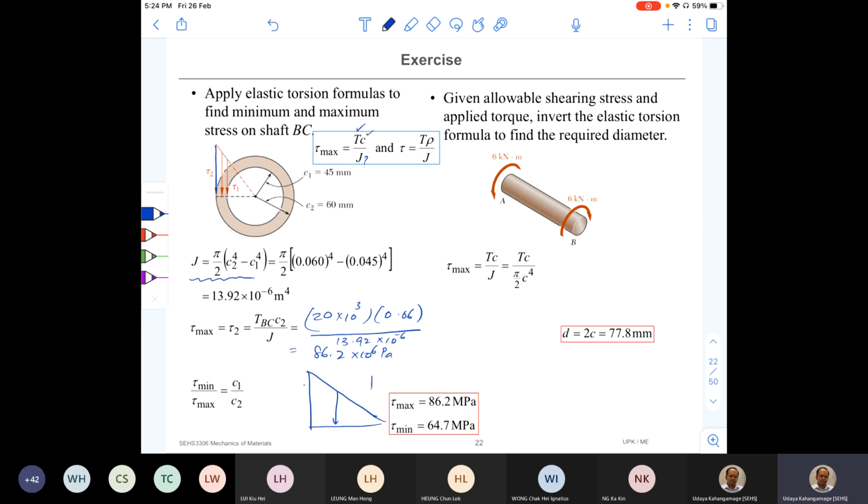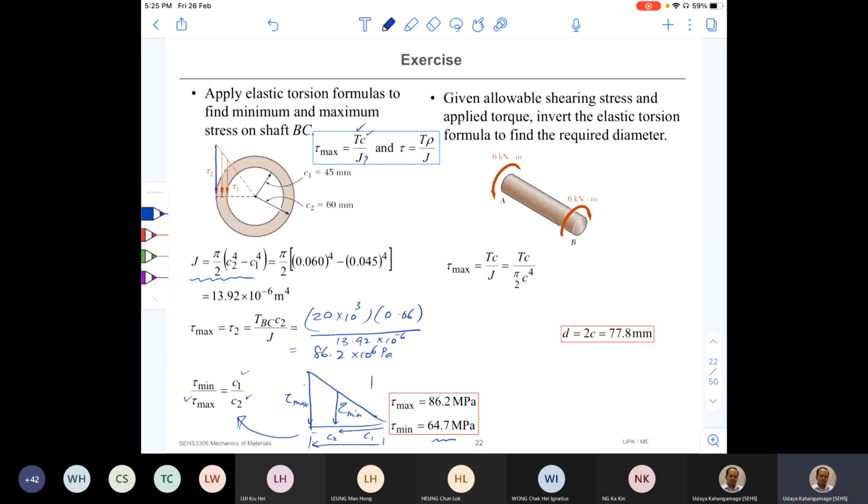So this is tau min, and this one is tau max. This distance here is C1, and this distance is C2. From the similar triangles, since we already know tau max, C1 and C2, you can find tau min. The answer is here. I hope you can complete that part.